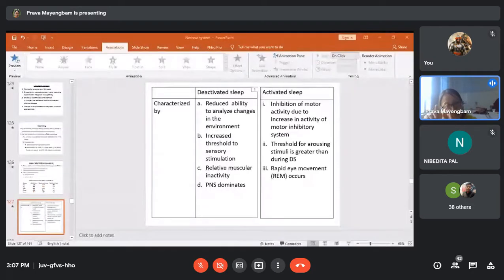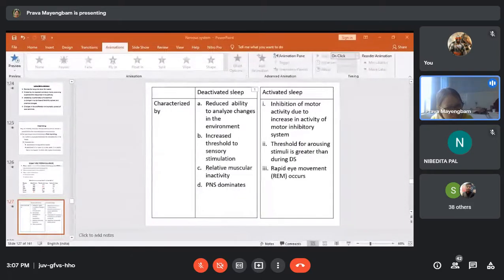The main activity in activated sleep is the inhibition of the motor system. There is inhibition of the motor activity due to increase in activity of the motor inhibitory system.